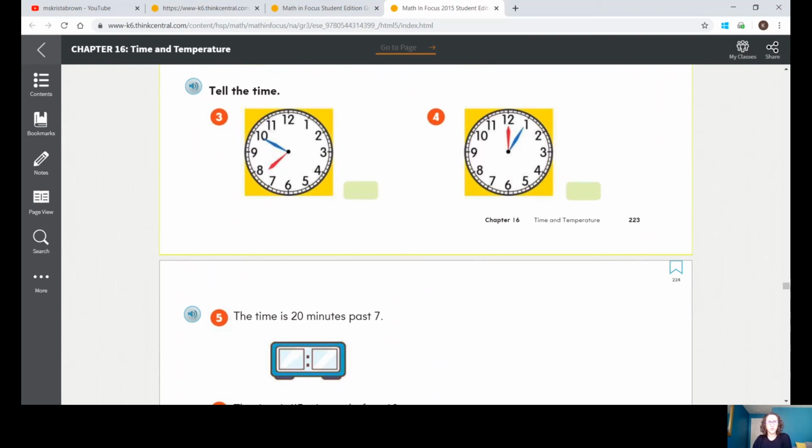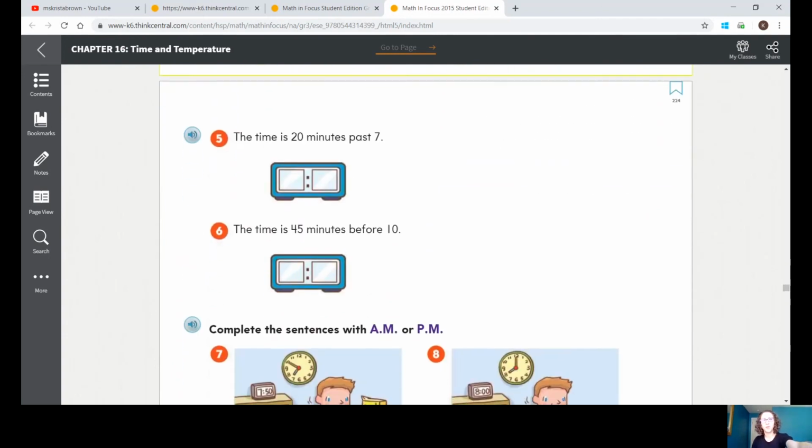The big blue one is on the 10, and the 10 represents 50 minutes. Number 4, that time is 12:05. The hour hand is the red one on the 12, and the long blue one is on the 1, which represents 5 minutes. 12:05.